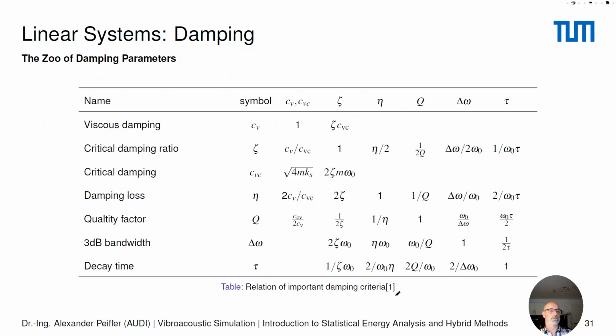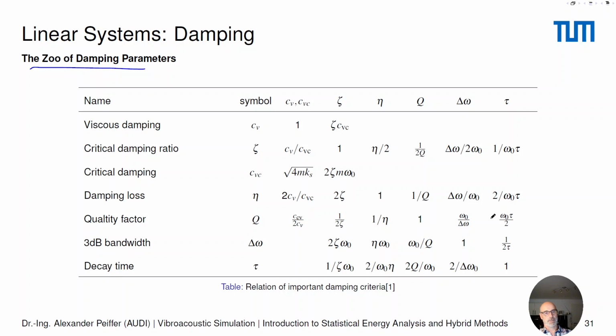Okay, good. Again, the zoo of damping parameters. This is just a table that relates all the different quantities that we have. There are even more, like reverberation time and so on. But just based on the considerations taken here, we have 1, 2, 3, 4, 6 quantities and how they are interrelated.